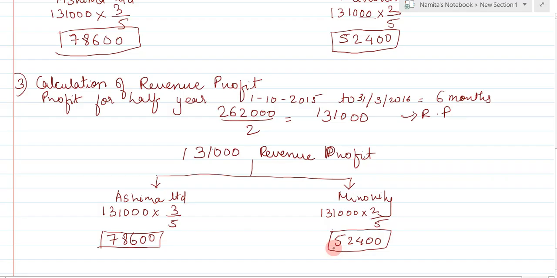Clear this much? So again I will repeat that before acquisition, whatever profit the company earns will be considered as pre, that means capital profit, and after acquisition whatever profit the company earns will be considered as revenue profit.